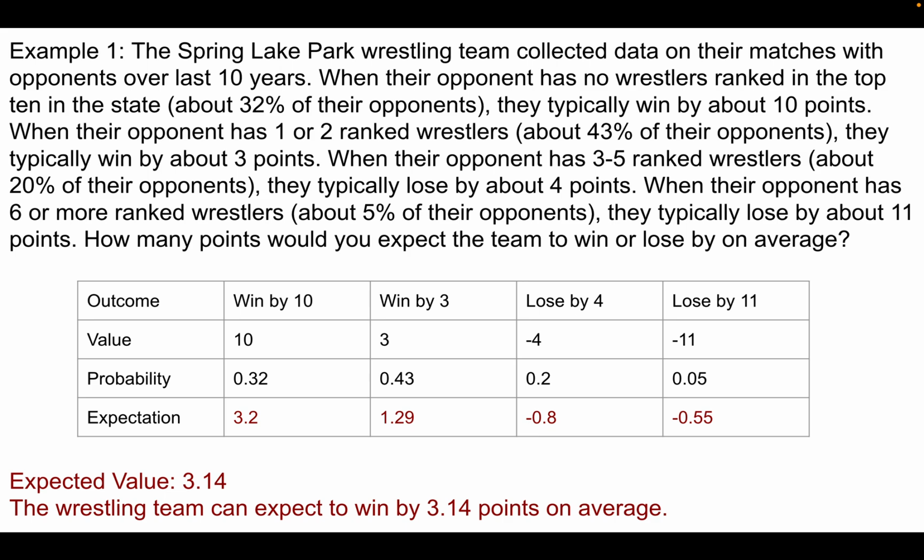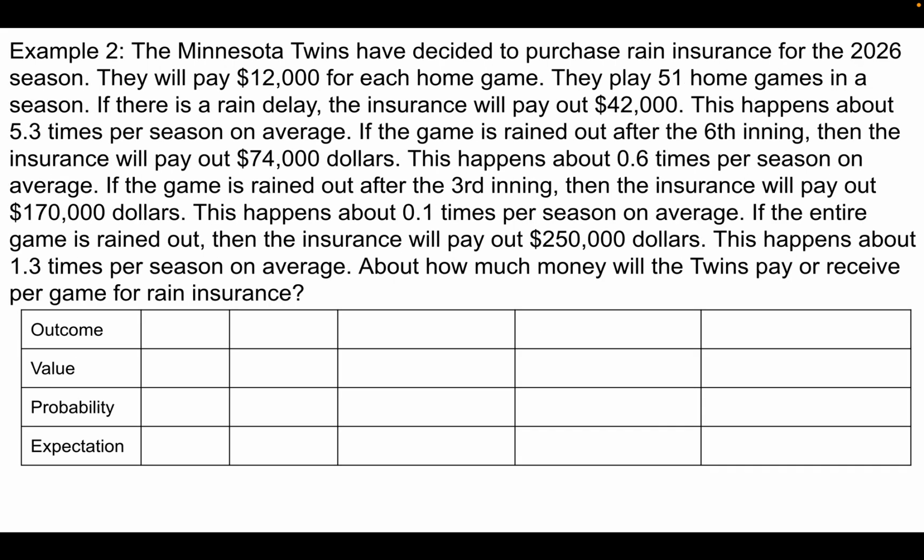Okay, let's do one more example. It says that the Minnesota Twins have decided to purchase rain insurance for the 2026 season. They will pay $12,000 for each home game. They play 51 home games in a season. If there is a rain delay, the insurance will pay out $42,000.